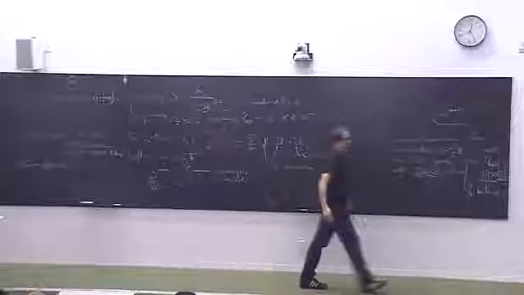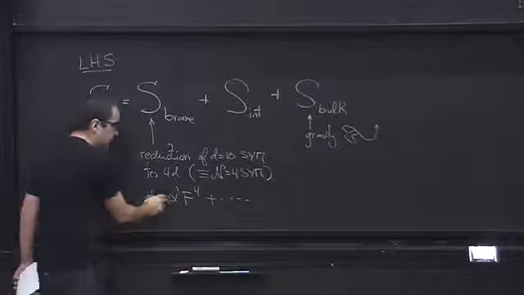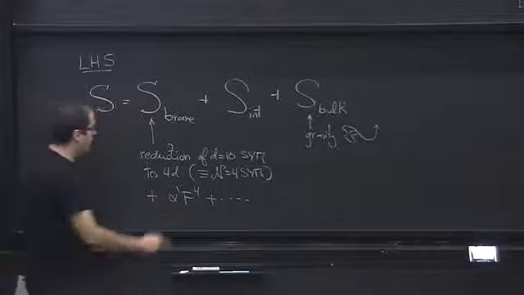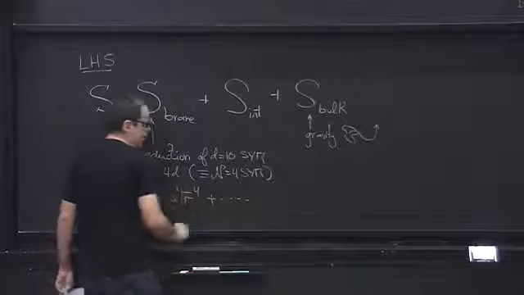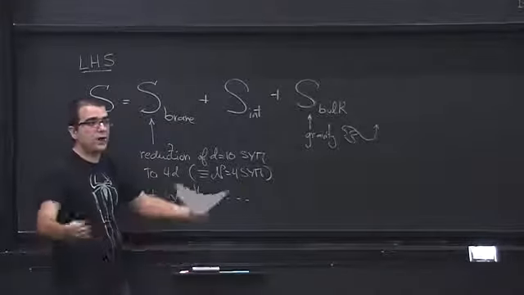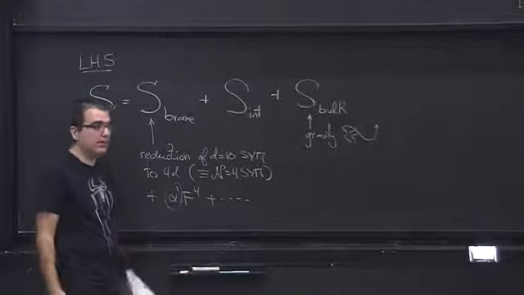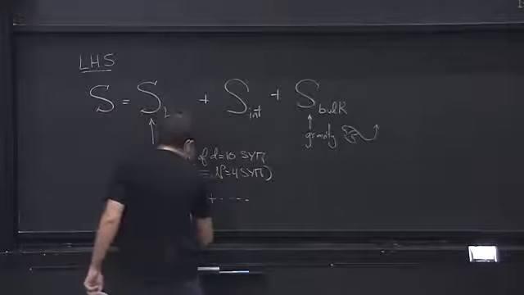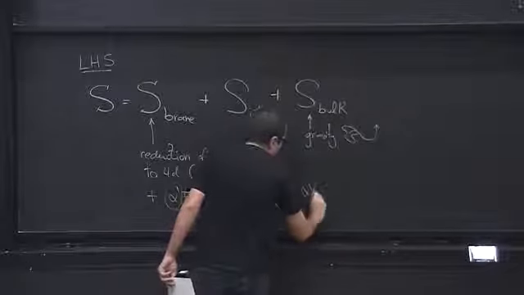Now, these higher terms are dimensionful. So the dimensionless quantity that you can construct, if you scatter two excitations with some momentum k, is of order alpha prime k squared.